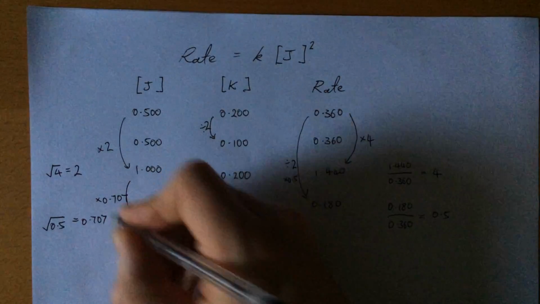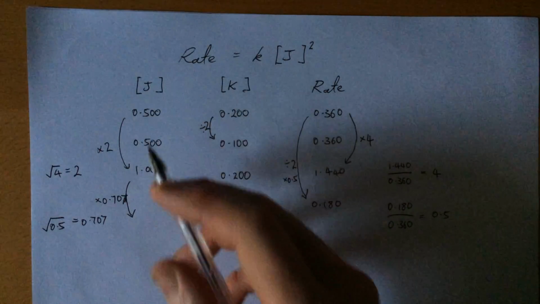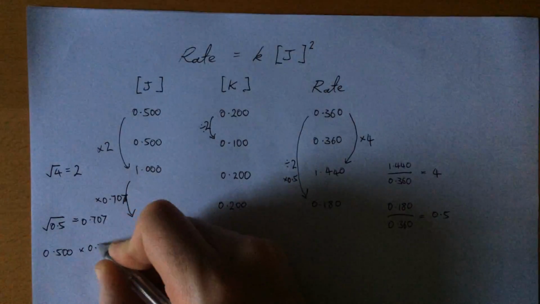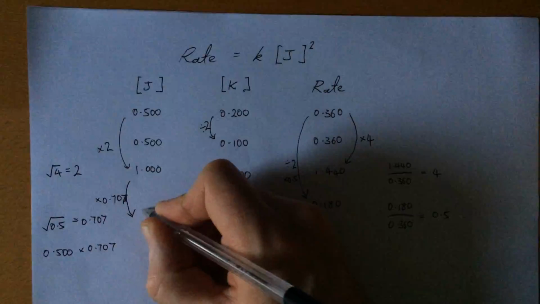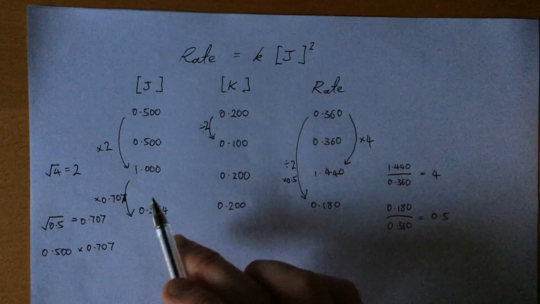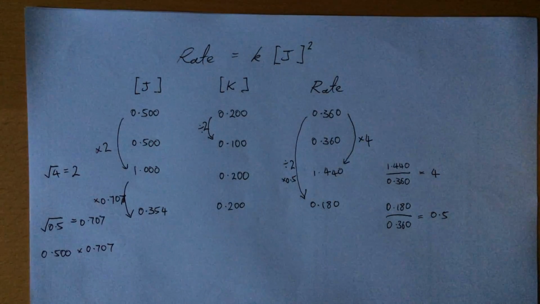So 0.5 times 0.707 gives 0.354. And that's how the concentration of J has changed to give the change in that rate.